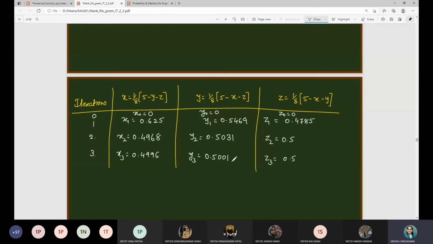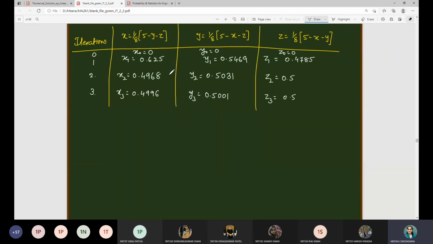Yes, ma'am. So now you can see that from these two expressions, they are nearly equal. Here also they are nearly equal. They are exactly the same, right?